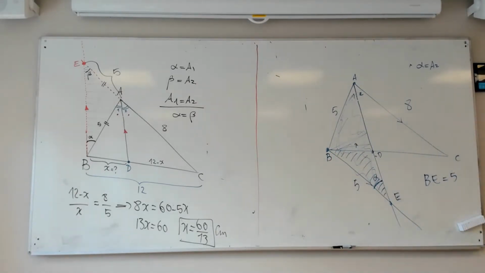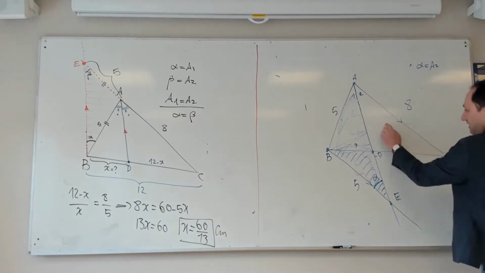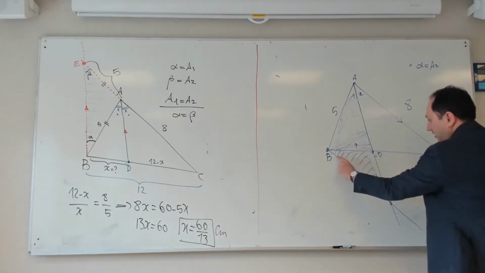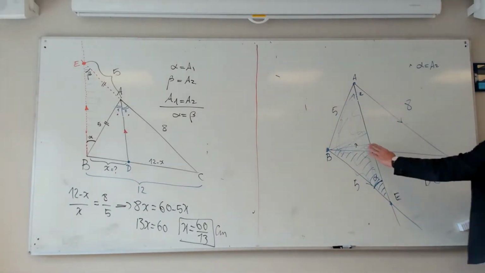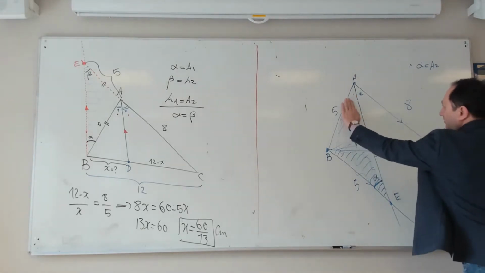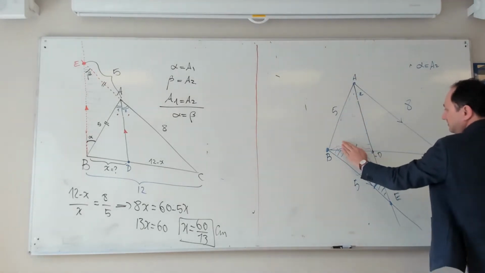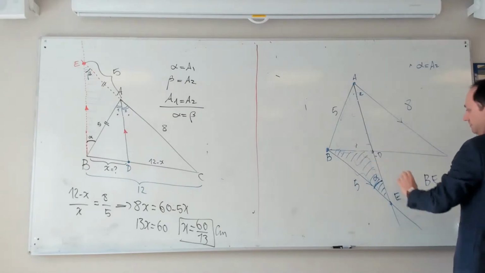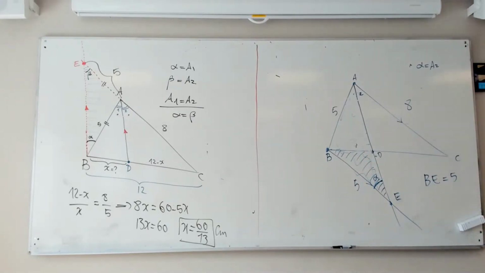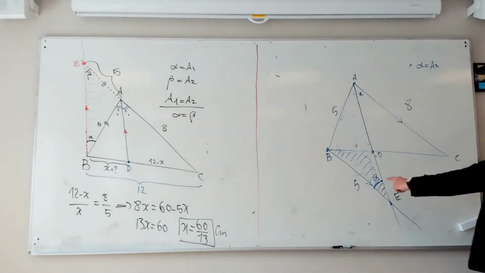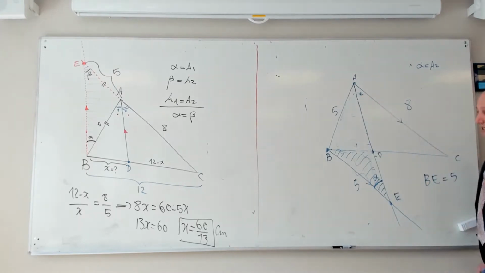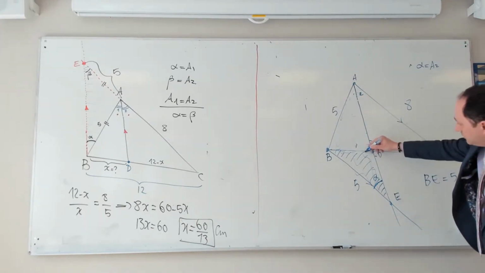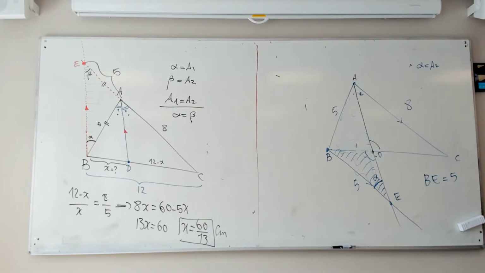Okay. And now this triangle and this smaller triangle are similar. Why are they similar? They share two angles. Okay, which angles? Alpha, and alpha is equal to A2. Yeah. And this angle here is equal to this angle there. So these two are similar now.